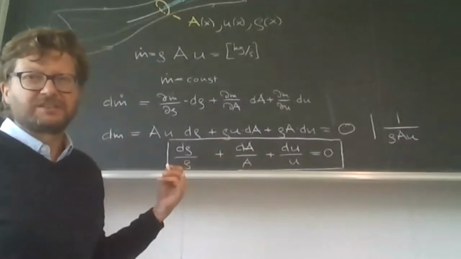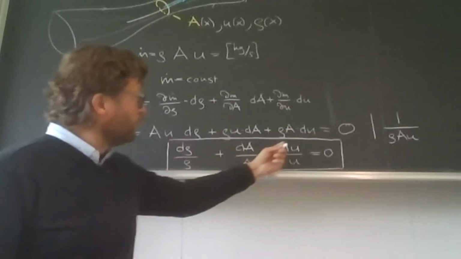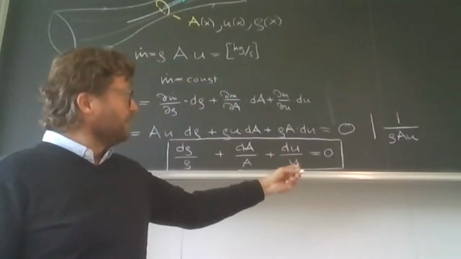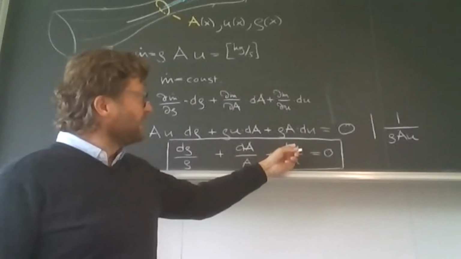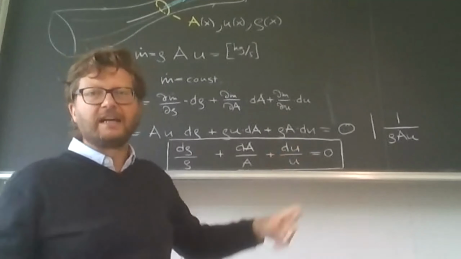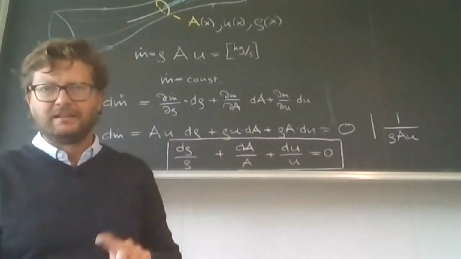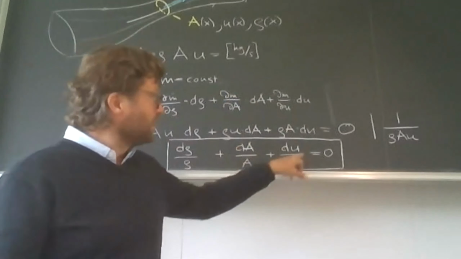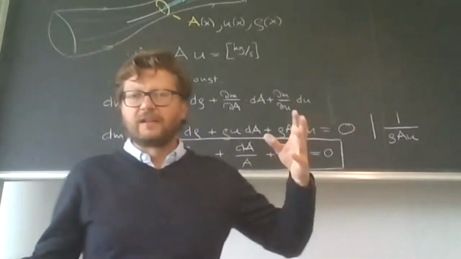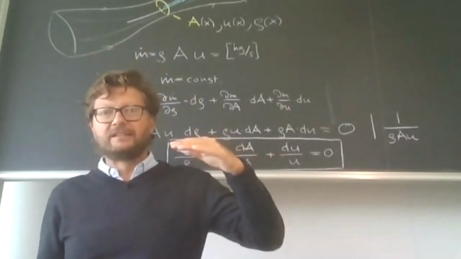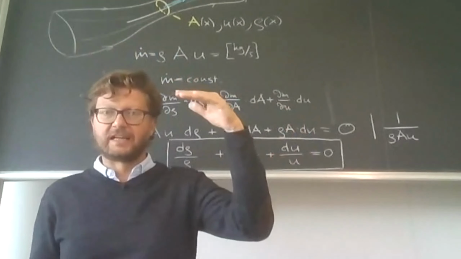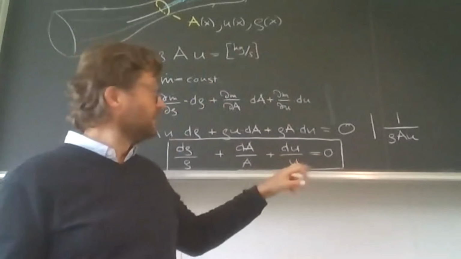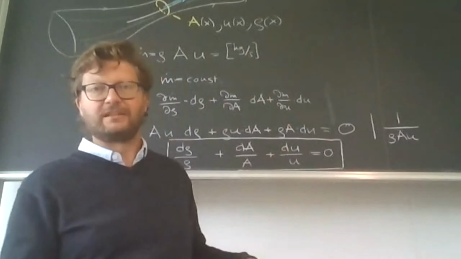And now let's try to understand what these terms mean. What is the du over U? Think of the delta U. If you have a little change in velocity and you divide it by the current velocity, that's something like a relative change, right? If you have a velocity of, let's say, 10 meters per second, you increase it to 11 meters per second, then the du would be the change, 1 meter per second, divided by 10, so it's a 10% change.